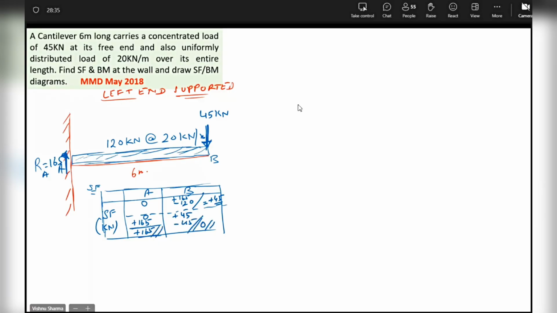Guys, are my values okay, or do you want to challenge any of them? The shearing force table is exactly the way you do it with the beam, no change. Yes or no? Link it to the beam so that you don't unnecessarily make it a new topic altogether. Clear, beta?